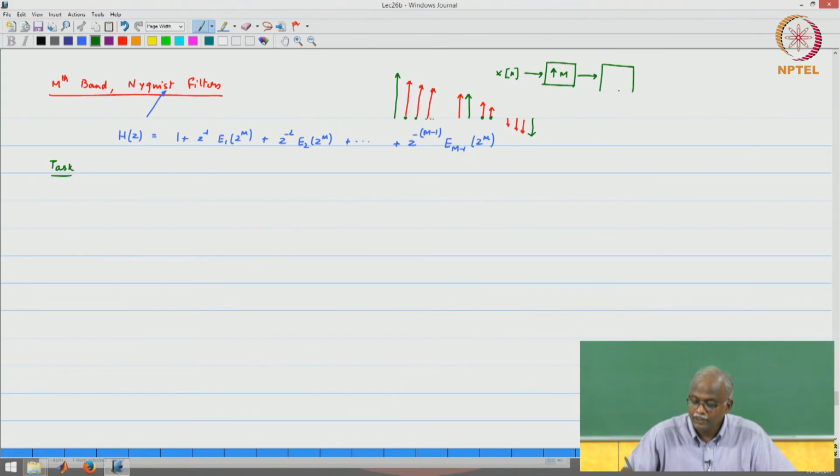Let me call this interpolation filter H of z, after which you get the composite signal, which is y of n, with the 0 valued samples. Now, if I take y of n and downsample it by M, will I get back x of n?